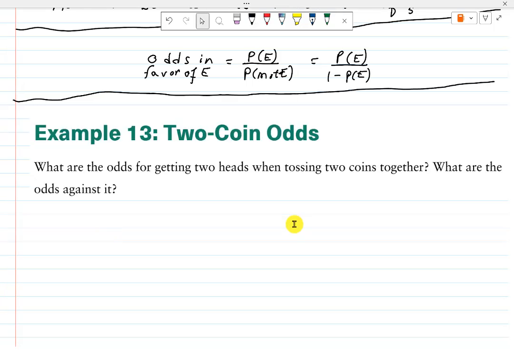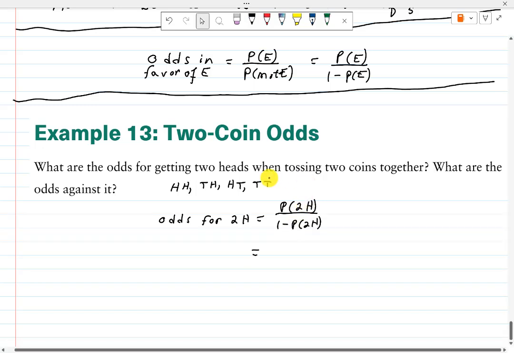Our next example: what are the odds for getting 2 heads when tossing 2 coins together? Well, let me list all the possible outcomes. When we tossed 2 coins together, they were like this. So the odds for 2 heads equals the probability of 2H over 1 minus the probability of 2H.